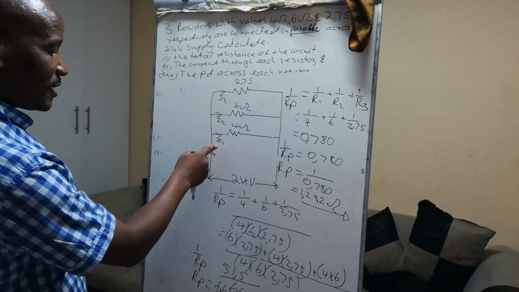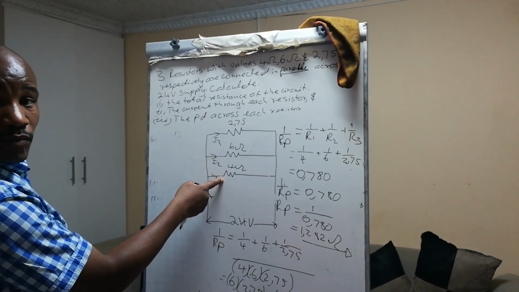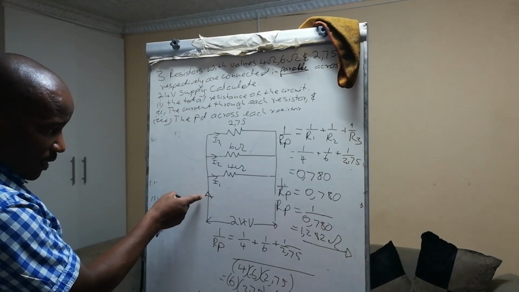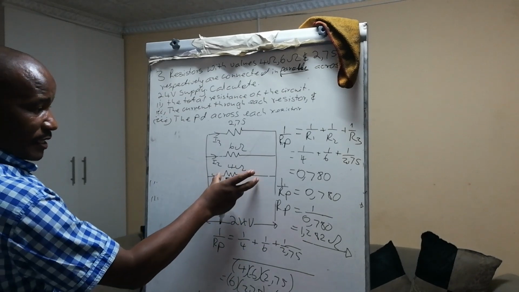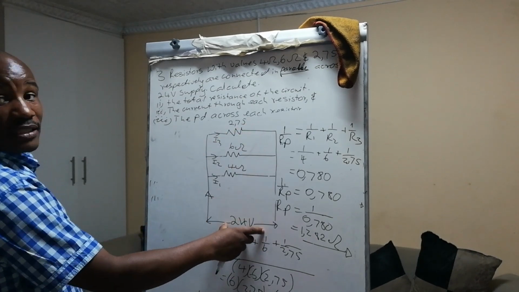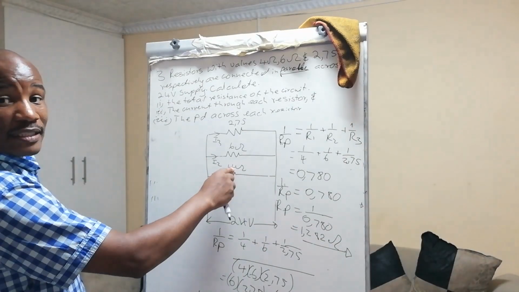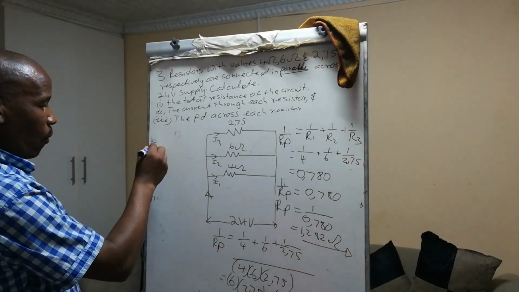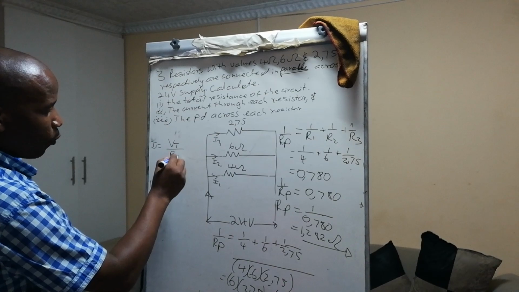What is the current through each resistor? The current there, the current there. Let's say these resistors operate from the same voltage, and there is a 4 ohm resistor there. Now, I1 is equal to V total over R1.